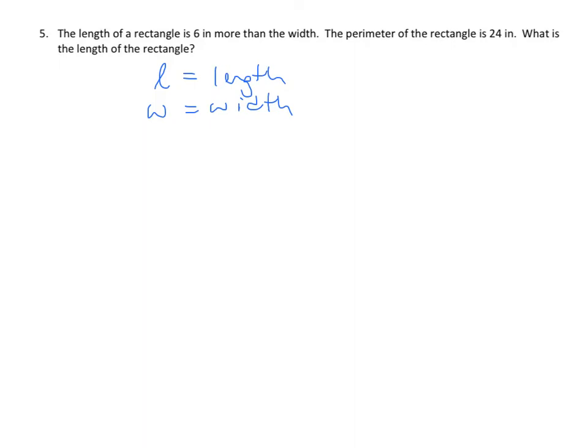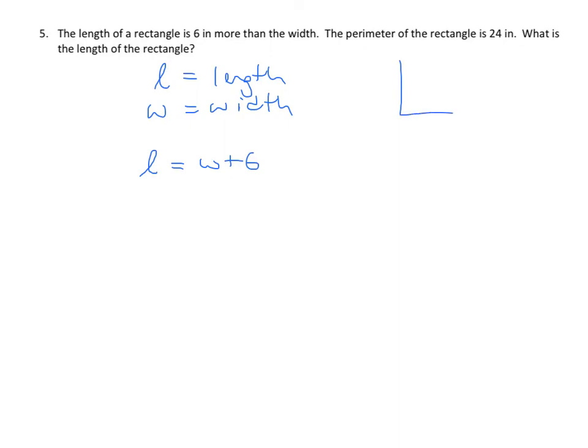And it says the length is 6 inches more than the width. So the equation I can write for that is L equals W plus 6. So that represents the length being 6 inches more than the width. If I add 6 to the width, I get the length. For the other equation, it says the perimeter of the rectangle is 24 inches.